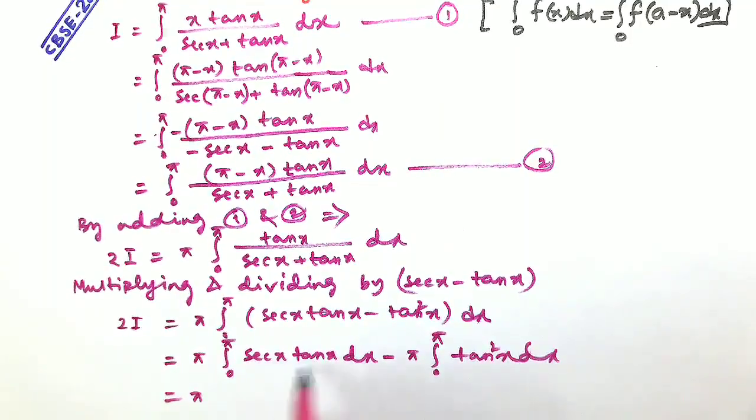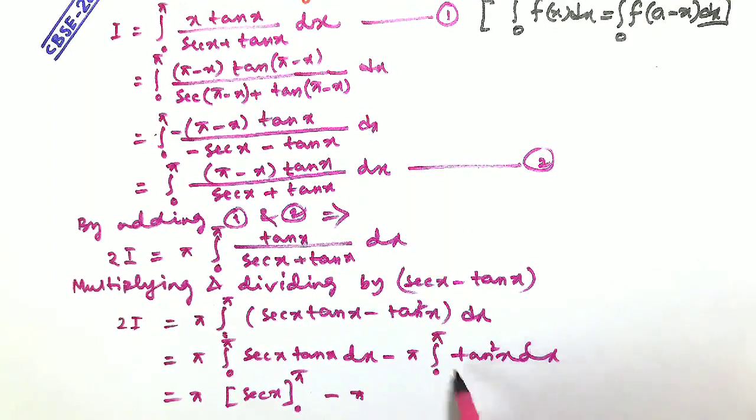Pi into the integration 0 to pi sec x tan x, which means sec x with limits from 0 to pi, minus pi. Do you know the integration of tan square x?